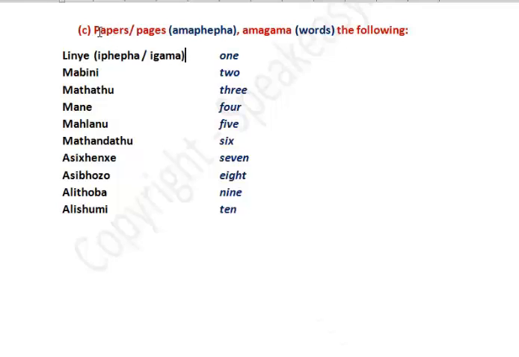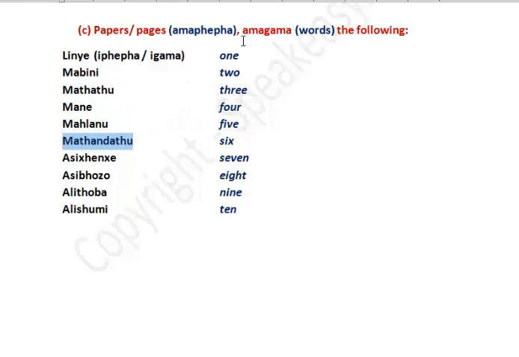And then we look at counting pages or papers, which are amaphepha, or words which are amagama, therefore any word which begins with ama, which has the prefix ama. Again, when we are only counting one, we have one iphepha or one igama, therefore linye. 2, mabini, matatu, mane, mahlanu, matandatu.